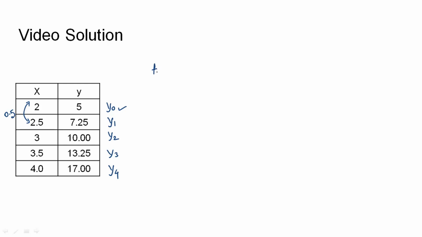We can also find that gap using the formula for h, that will be (4 minus 2) by the number of intervals, that is 1 interval, 2 intervals, 3 intervals and 4 intervals. So it will be (4 minus 2) upon 4, that will be 0.5. But here we can directly see the difference between the two x values, that will be our h, and if it's not stated we can find it using this equation.